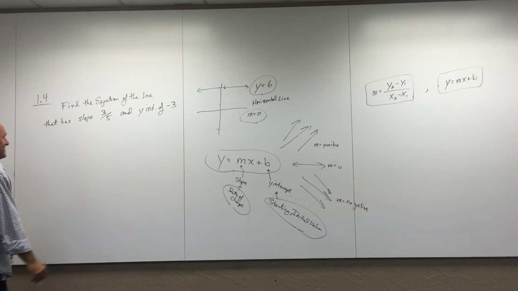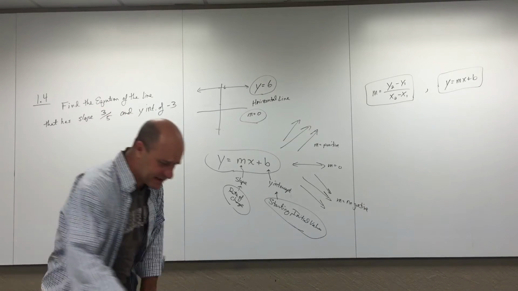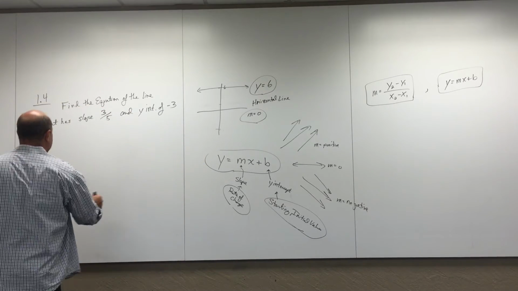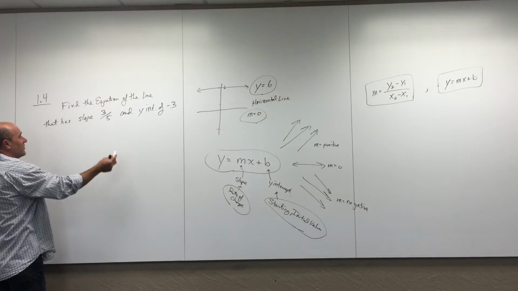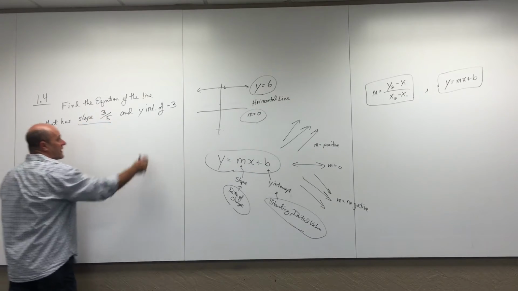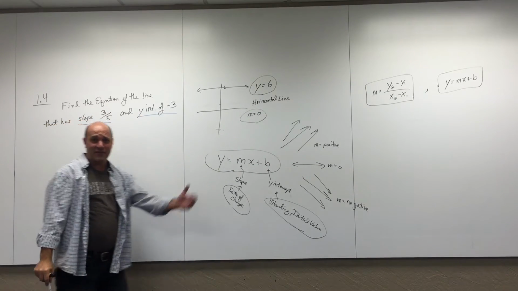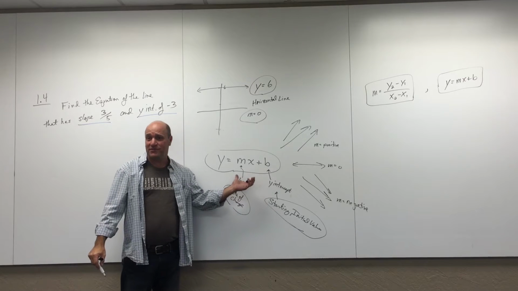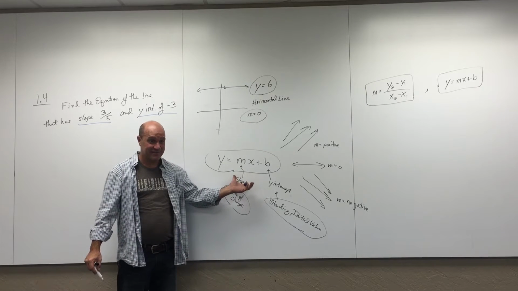This is way too easy. Maybe you realize how easy this is. I'm so sorry, I'll step it up here in a second. What did I do? I said find the equation. I gave you the slope. I gave you the y-intercept. If you have the slope and the y-intercept, aren't you done? Finished? Home free?